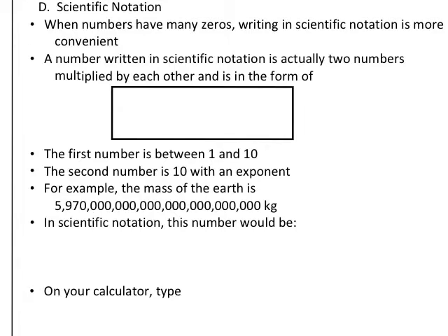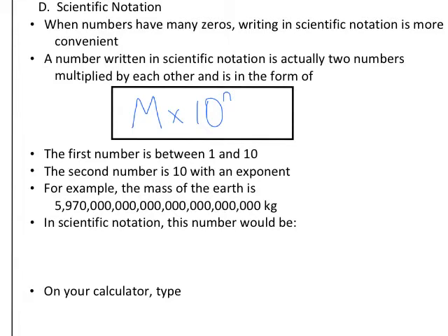When we use scientific notation, this is a convenient way to shorten numbers that might have a lot of zeros. Typically, you'll see scientific notation written as some number, so the first number is going to be between 1 and 10, times 10 to a number with an exponent.